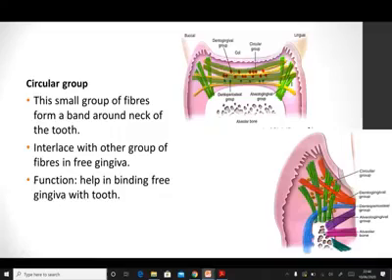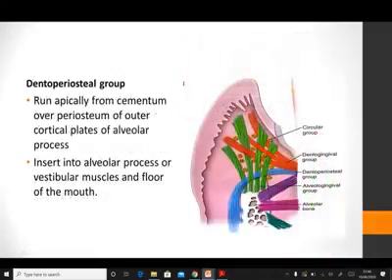They also interlace with the other fibers in the free gingiva as well, and they help binding the free gingiva to the tooth. Then the second last group is the dentoperiosteial group. As the name says, obviously it extends from the tooth into the periosteum.